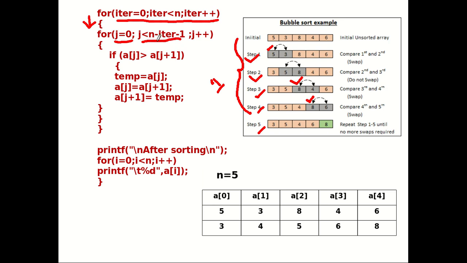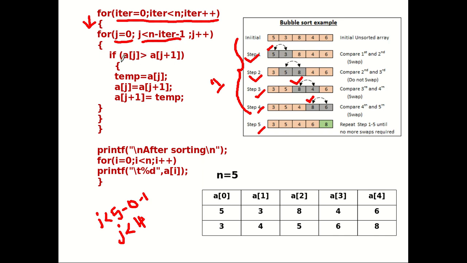So n value is say 5, minus the iteration value 0, minus 1. This becomes j is less than 4.